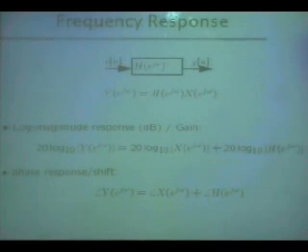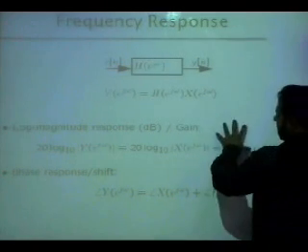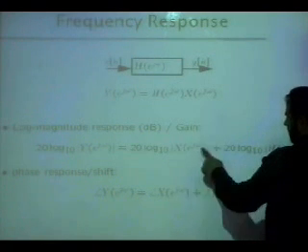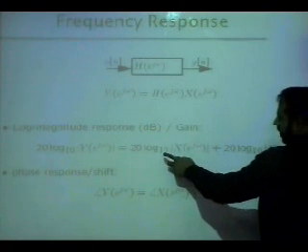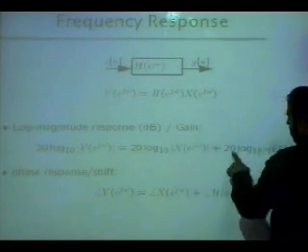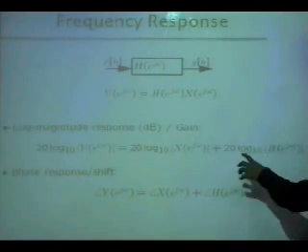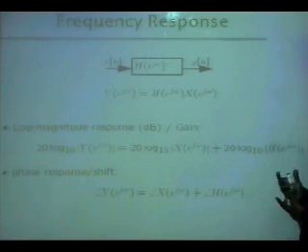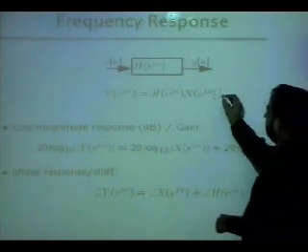Once you know H(e^{jω}), if it is in dB, multiplication is turned into addition in log. If you take 20 log base 10 of X and 20 log base 10 of H, then the magnitude responses add and their angles also add. Otherwise they multiply.